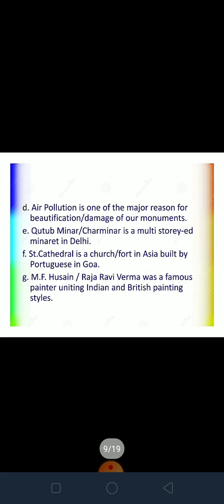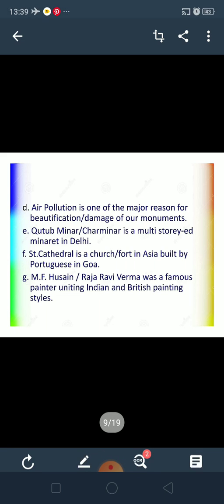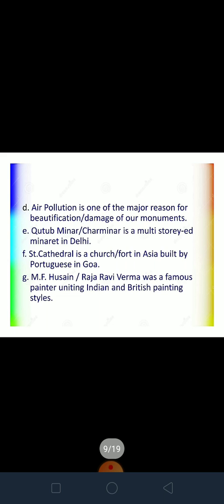Air pollution is the major reason for damage of our monuments. We burn different kinds of fuels. Industries use different kinds of fuel. We have vehicles in which we use different kinds of fuel. They all give smoke.